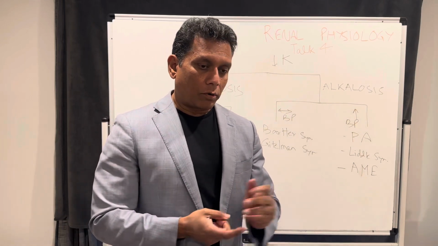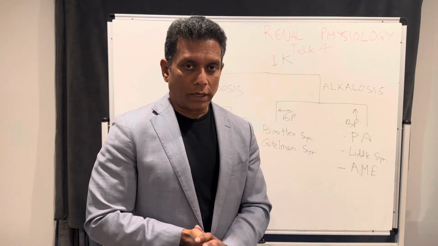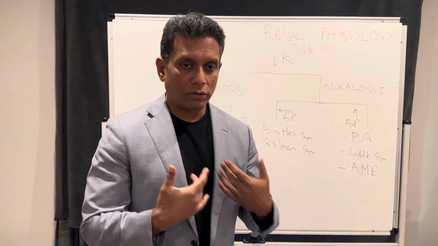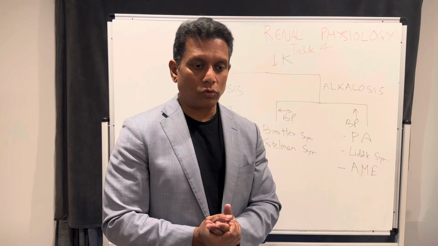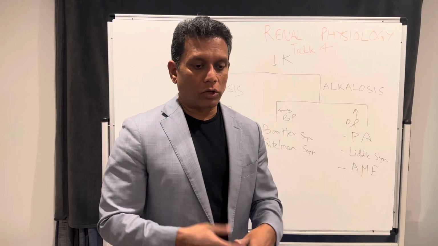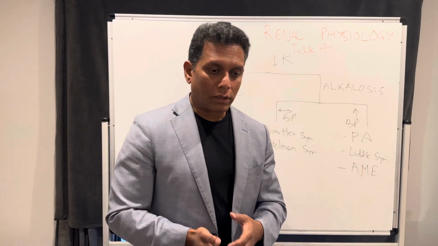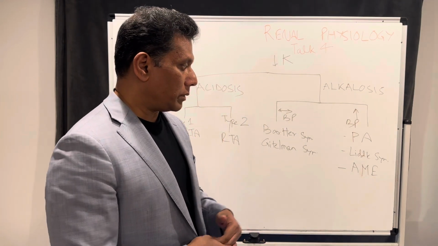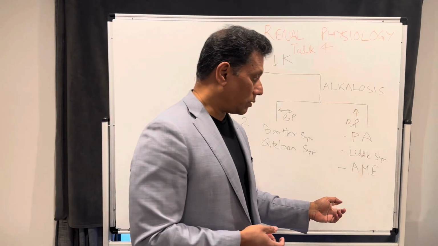If that enzyme is mutated, it can't do what it's supposed to do, so cortisol hangs around in the kidney and does exactly what aldosterone is supposed to do: it reabsorbs sodium and water and kicks out potassium and hydrogen. So you're hypertensive, alkalotic, and hypokalemic. Of course, your endogenous aldosterone levels will be low.